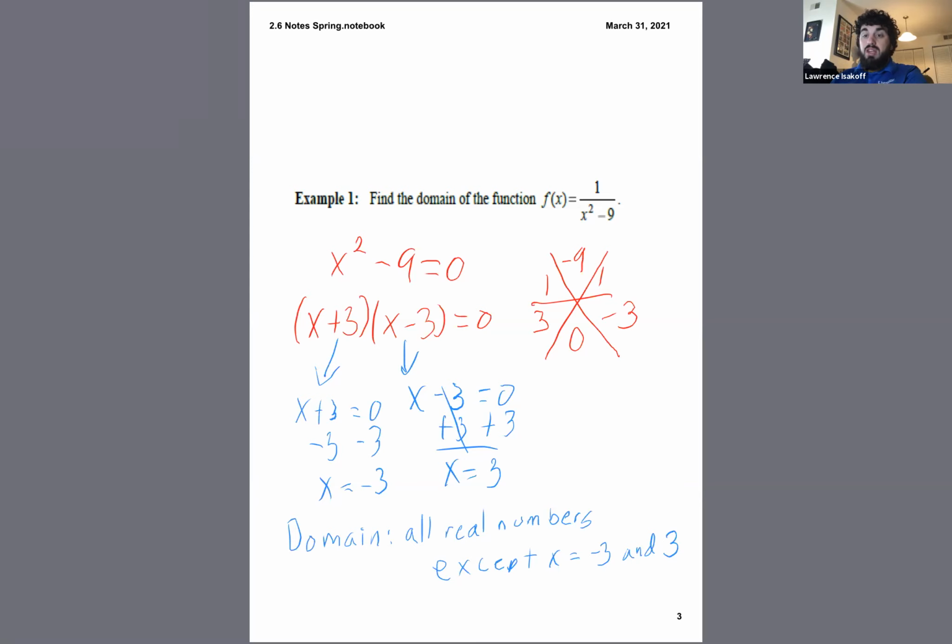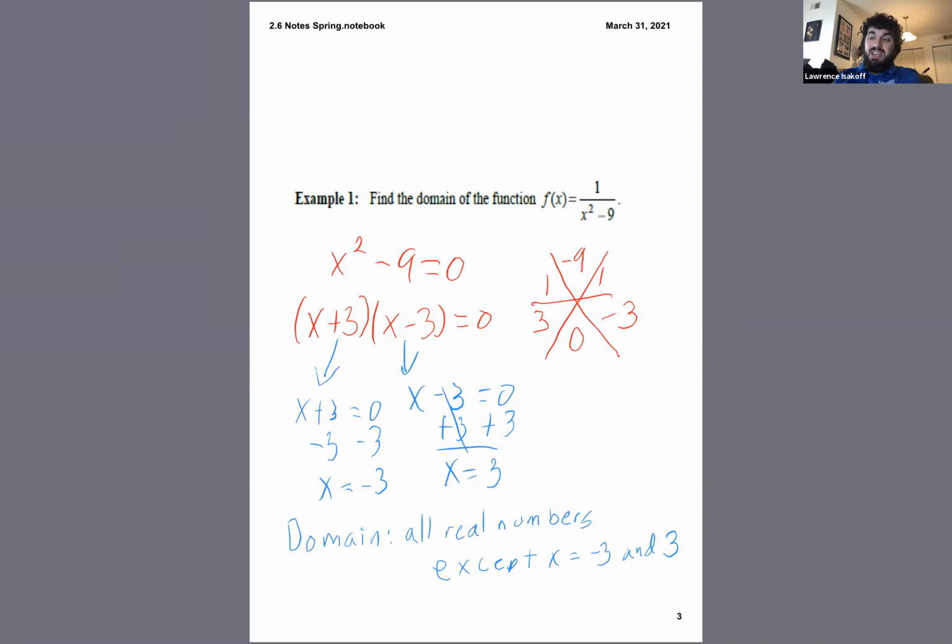So I'm going to let you know, trying to find the domain is how we also find vertical asymptotes and holes. So setting that denominator equal to 0 is the big idea here. We have an asymptote when it does not cancel out with anything in the numerator.